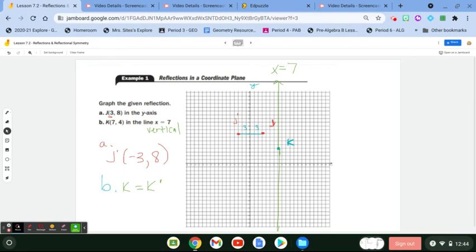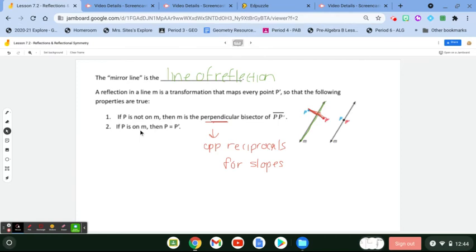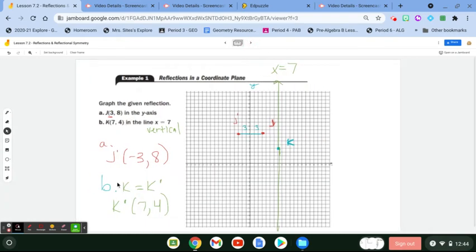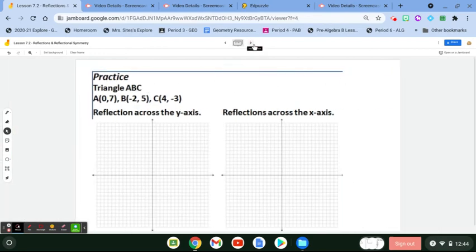So our value for K prime would still just be 7, 4, because K is still on our line of reflection. And that goes back to that property we were just talking about in step 2. If our point is on our line of reflection, our new point would just be the same exact value.